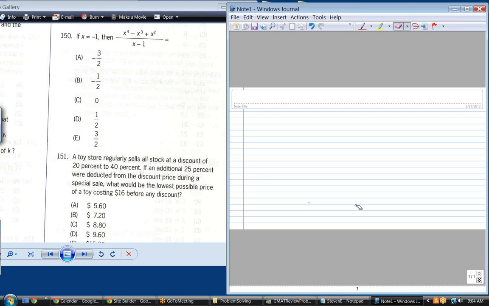Exactly. So -1 to the 4th is going to be a +1. -1 to the 3rd is going to be a -1, except it's a negative, so it'll be another +1. So that's 2. And then the final one will make it a +1. That equals 3. So 3 up above. And then -1 minus -1 is -2. So it's 3 over 2, but negative. Okay, good.